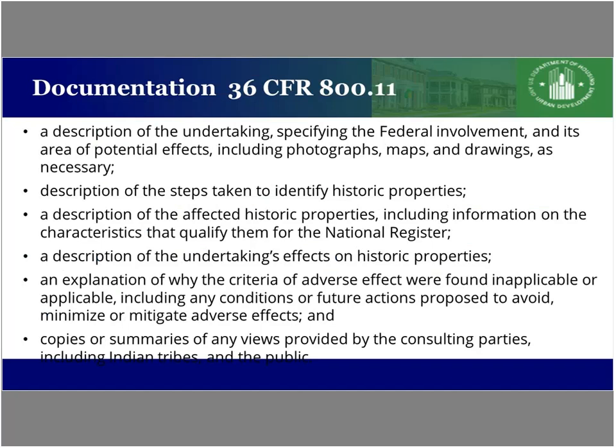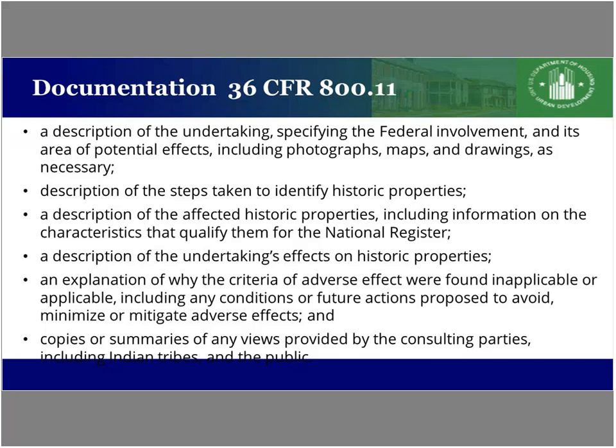That documentation record is going to look like this. The requirements are outlined in 36 CFR 800.11 and include a description of the undertaking, specifying the federal involvement, the area of potential effects. We always include photographs, drawings, maps that describe the physical nature of and setting of the project. The documentation includes a description of the steps that are taken to identify historic properties and the description of those properties that will be affected, including what makes them eligible for the National Register.